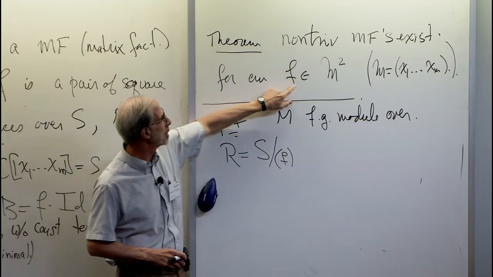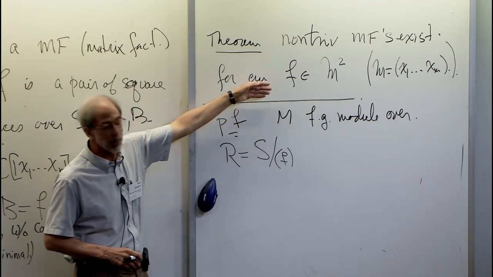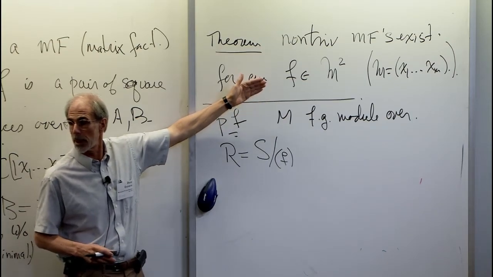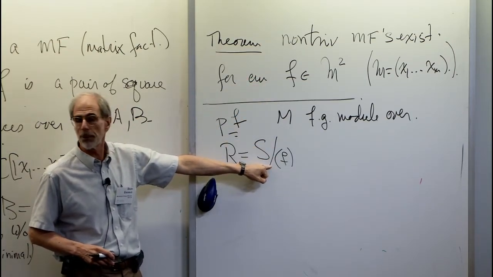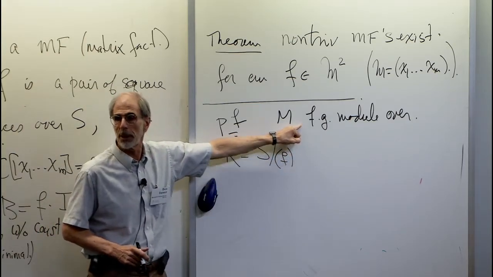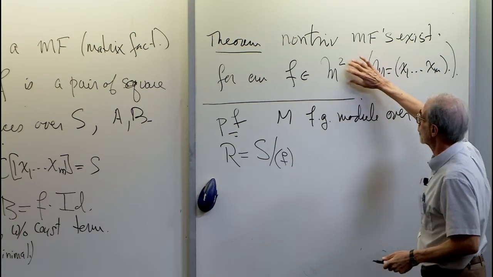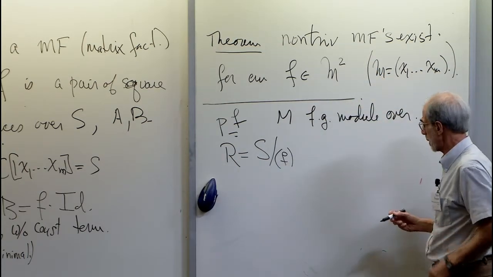The fact that F is in M squared means that for many modules, for example, for the residue class field in particular, the minimal free resolution of this object M will not be finite. So I'm going to look at the minimal free resolution as a way of exploiting this hypothesis.